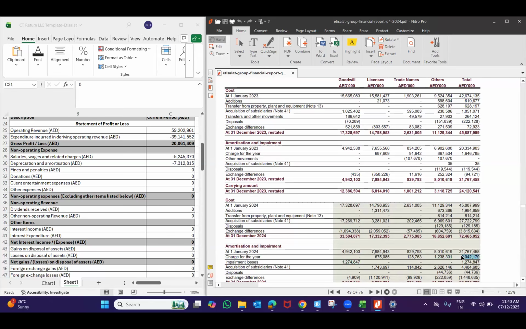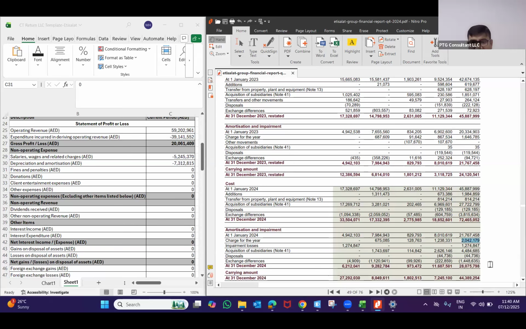But still, at the bottom it shows 28 million, something like that. There is an acquisition and a disposal as well, so exchange gain and loss differences are also there. Yes, what we need is only the depreciation or amortization amount. Correct.